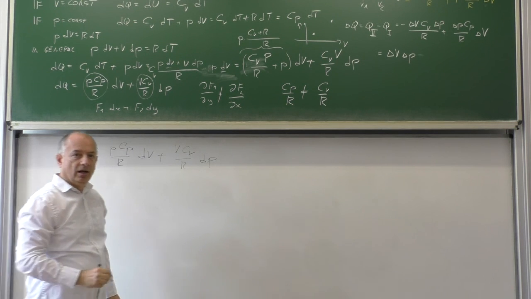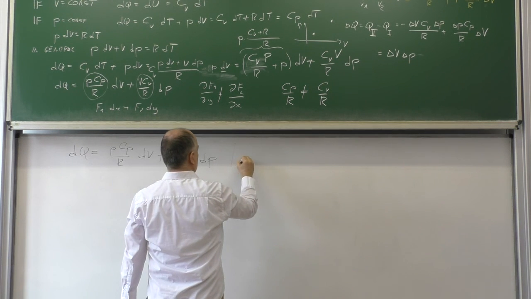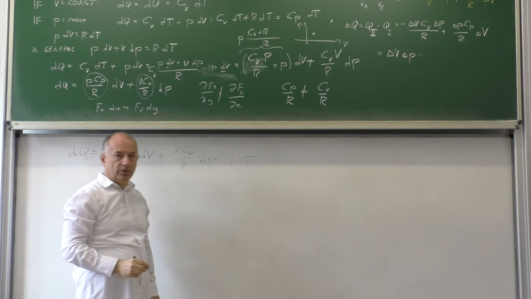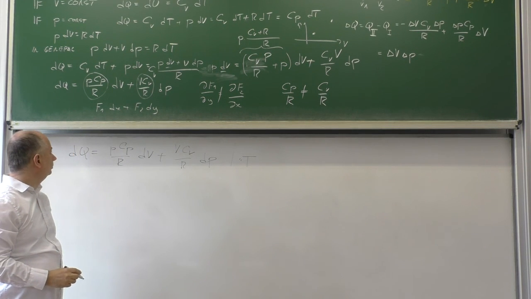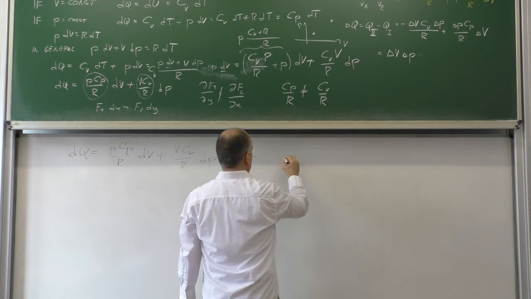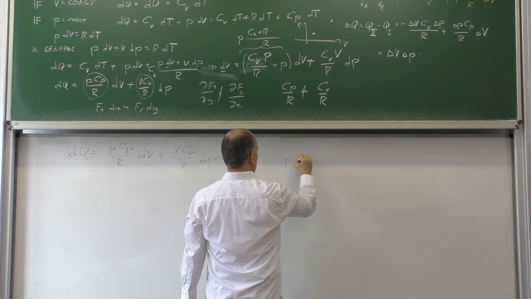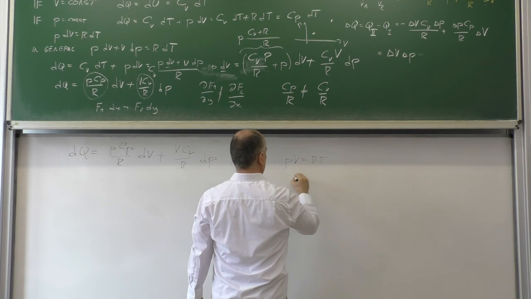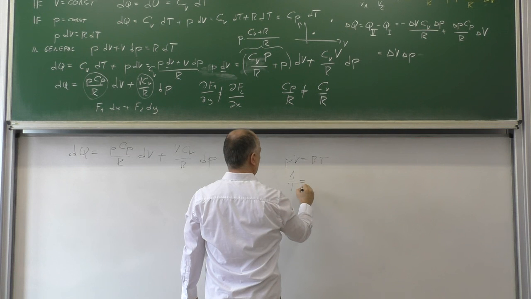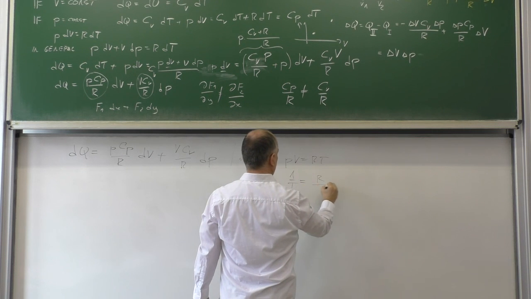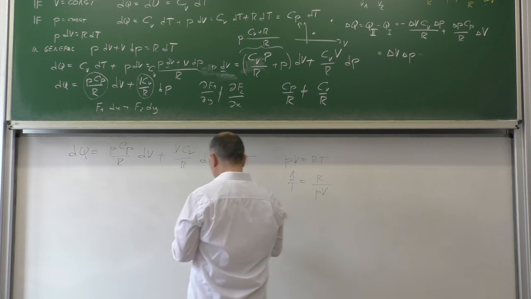And when we divide by the absolute temperature, capital T, that means from the state equation PV is RT, 1 over T means R divided by PV.